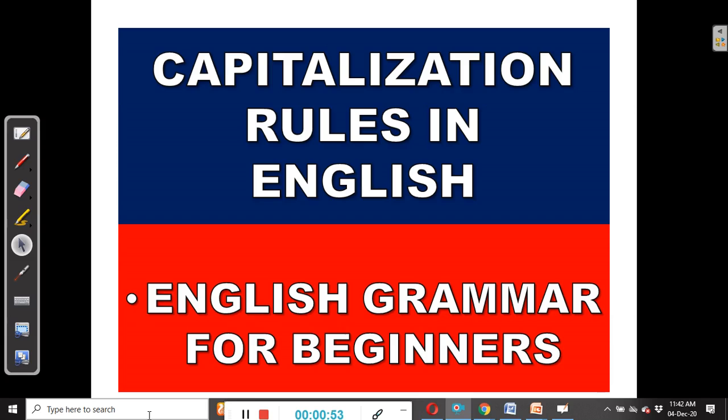So, when you break the rules of capitalization, you bastardize your piece of writing and you devalue it in the eyes of your readers. Of course, you can lose traffic when people detect various errors in your writing.